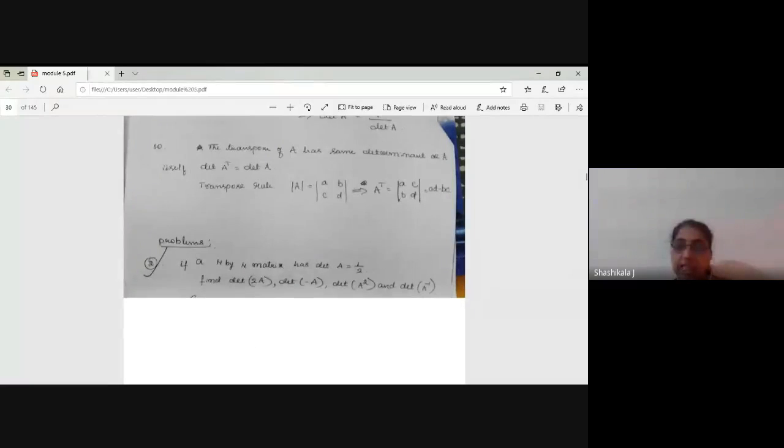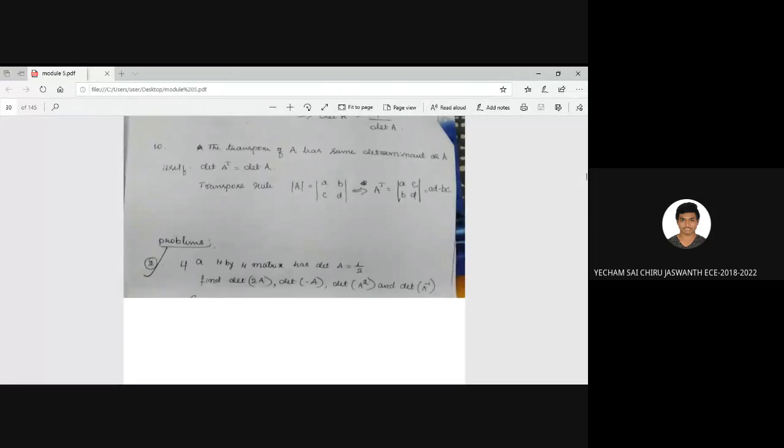Any guesses? Find the answer using the properties of determinant and then tell me your guess. What is the determinant of 2a?